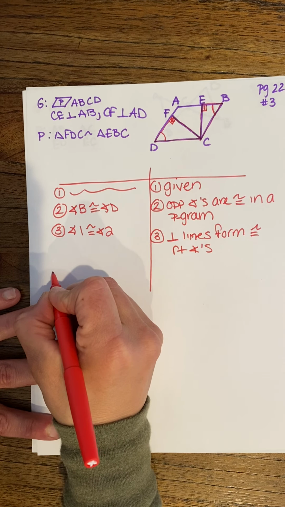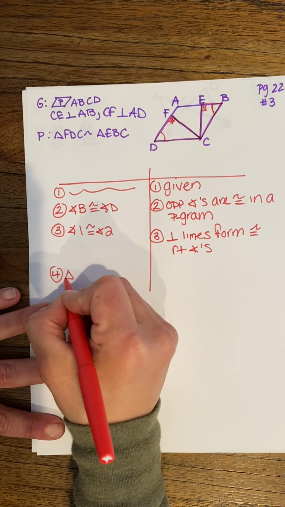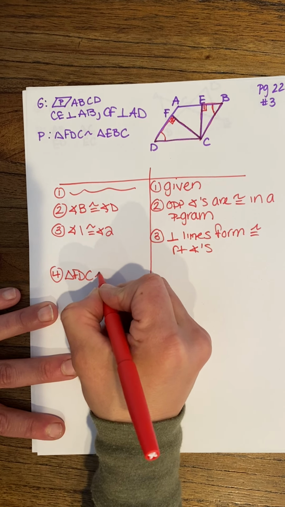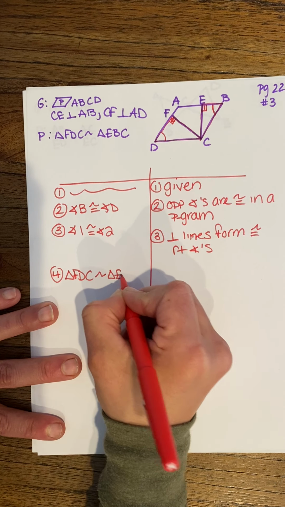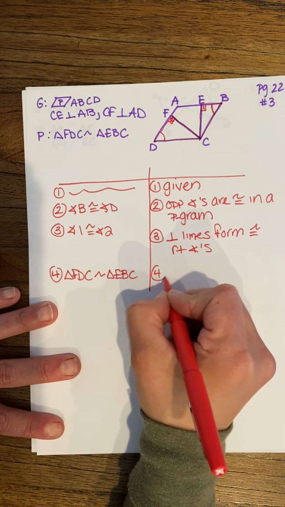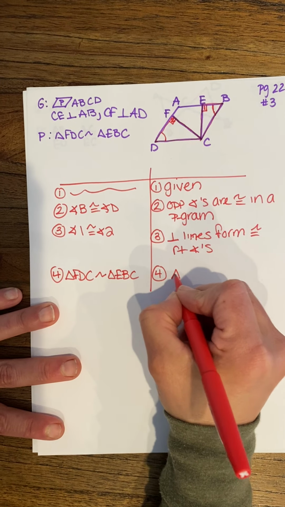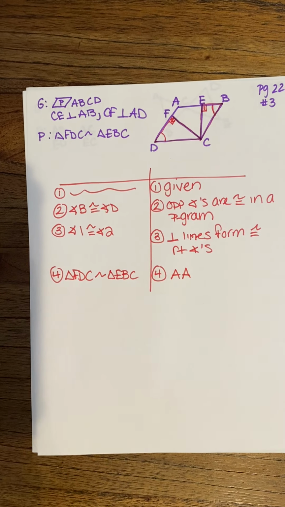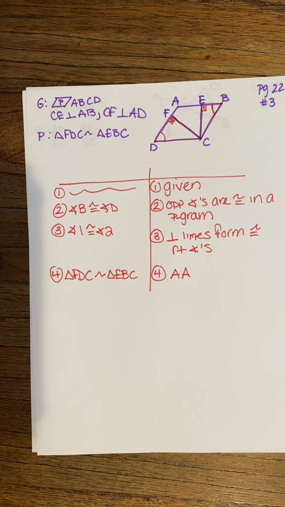So now that I have those two sets of angles, I am done with my proof. I can say they are similar. Again, the symbol for similar is just one squiggly. And my only reason to ever prove similar is going to be AA. Bam, proof done.